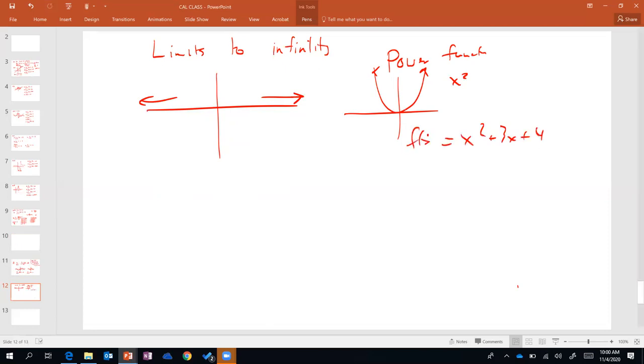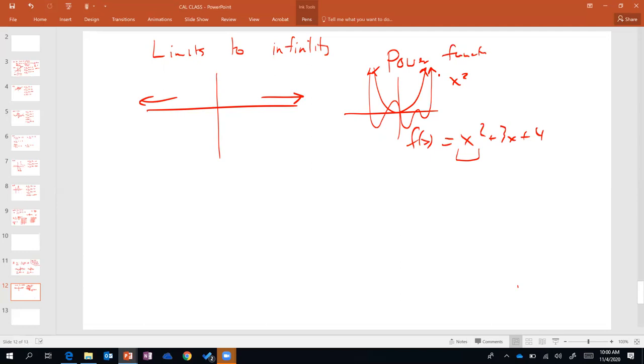In Algebra 2, it says, what power function does this closely resemble? And you would just take your leading term and say, that's the one right there, because whatever happens in the middle, it's still going to come up and go to that function there. We're good? So power functions allowed you to see what happens at the ends.